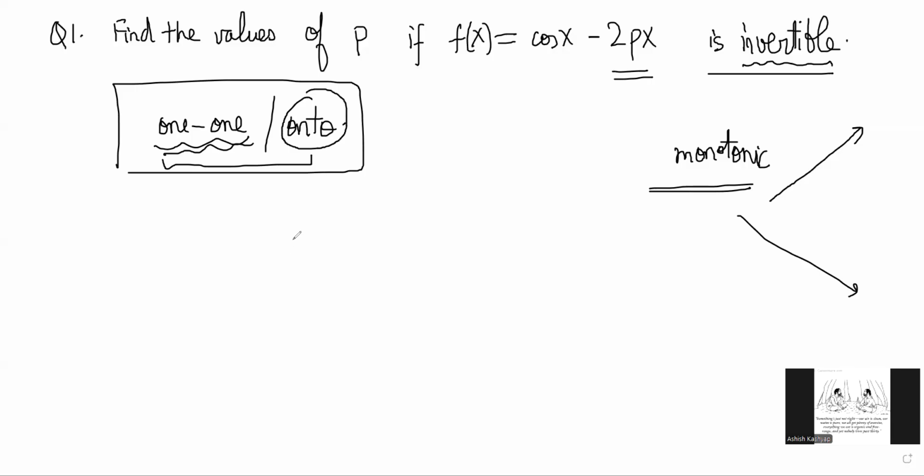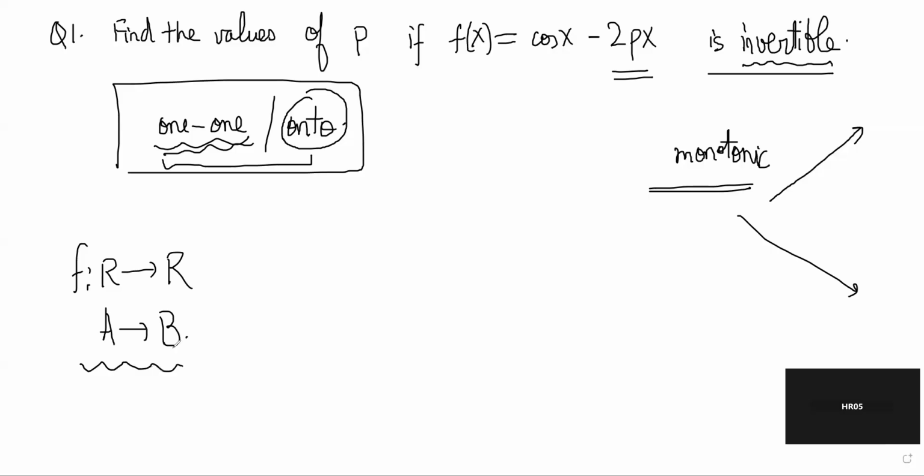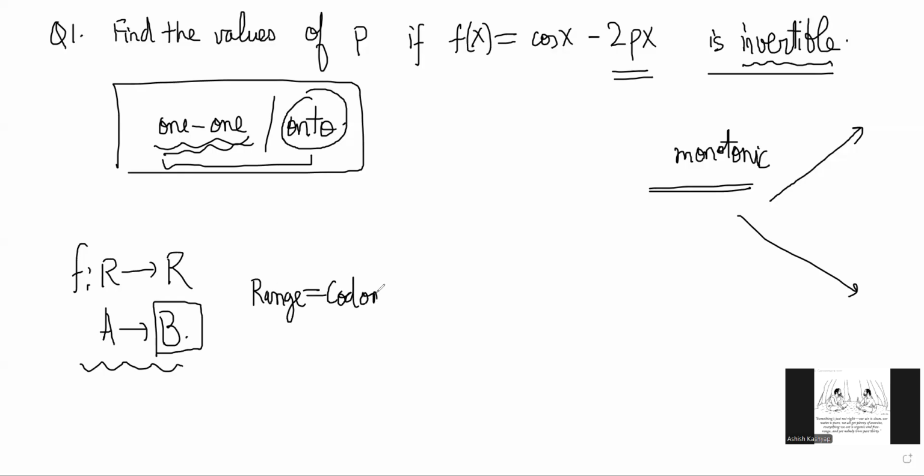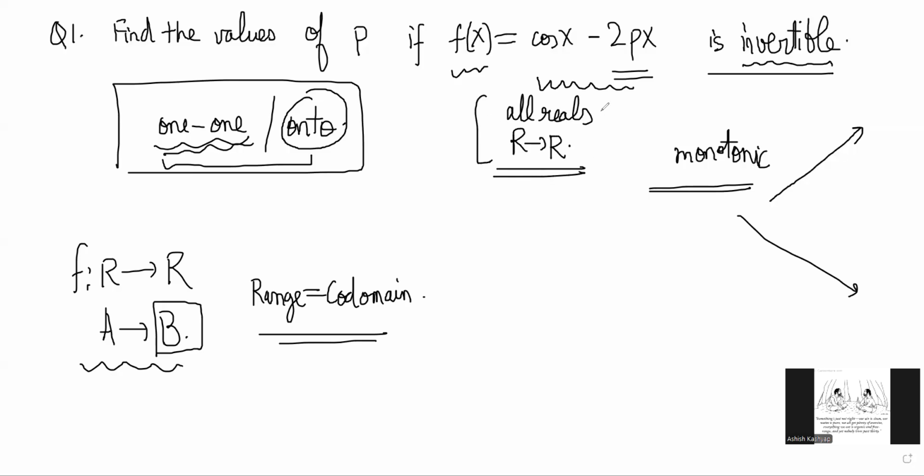Do you understand that in the problem they have not mentioned the codomain? Usually something like A to B or R to R is given, right? If that was given, B would be my codomain, and then we would have to check whether the range is equal to the codomain or not. But here nothing is told about where the function is defined from and to, so we will assume that it is defined for all reals, from R to R. That is an assumption that we are making. Correct?